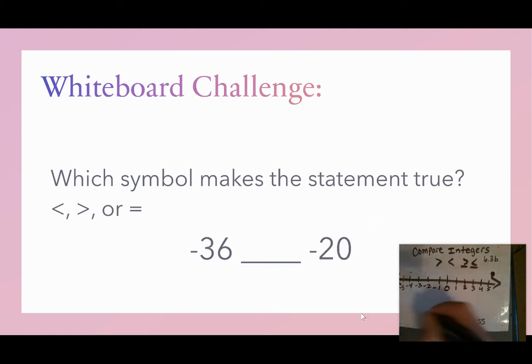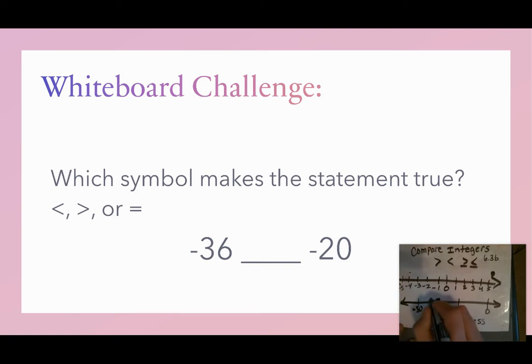What is going on there? So in this case, if we had 0 way over here, this would be negative 10, negative 20, negative 30, and it would keep going. Negative 20 is right here.